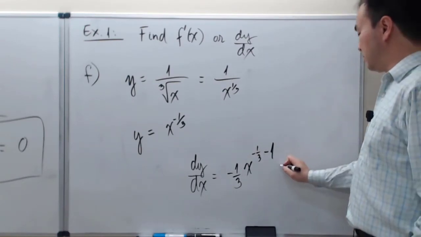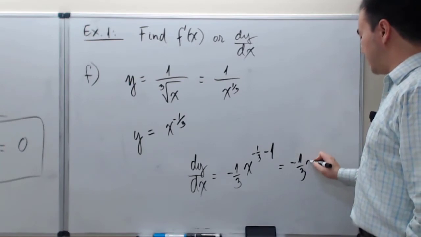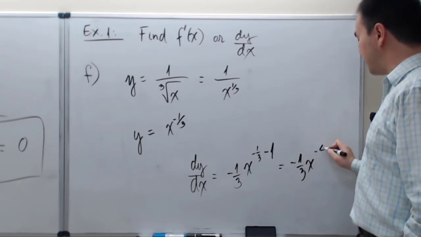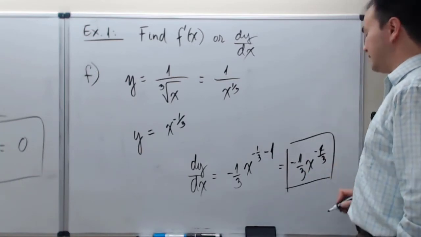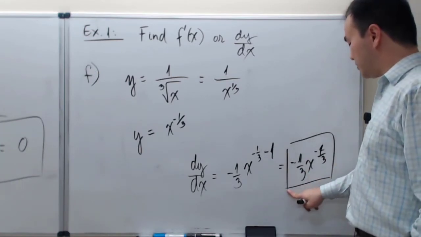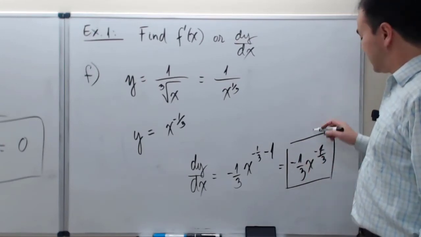And so overall, your final answer is negative 1/3 times x to the negative 4/3. That's one way, and this is the most direct answer right here because it just simply shows the final derivative.